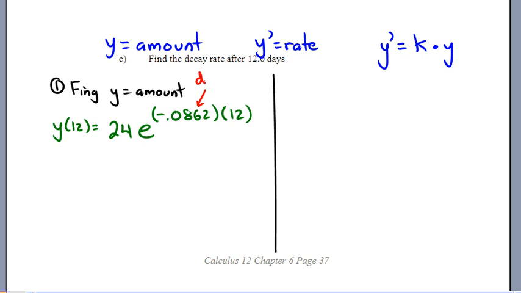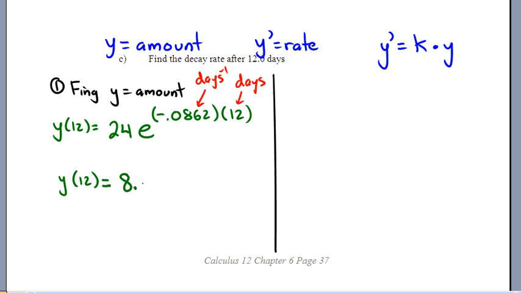Now the units, they work out beautifully. The k was kind of weird. It was days to the -1. The 12 is days, and those cancel. And so you just multiply those 2 numbers together, you go e to that value, then you multiply by 24, and what you find is the amount of material that's still iodine-131 at the 12-day mark.